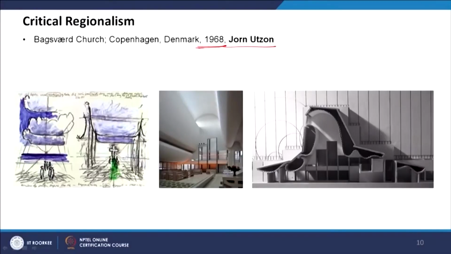So that's also connecting the context. If you look at the design time frame, it's quite early. When the critical regionalist approach was coming up, even in Kenneth Frampton's write-up on the six points of architectural resistance, he used this example of Utzon's design to conceptualize and write about critical regionalism. So this started critical regionalism in design.